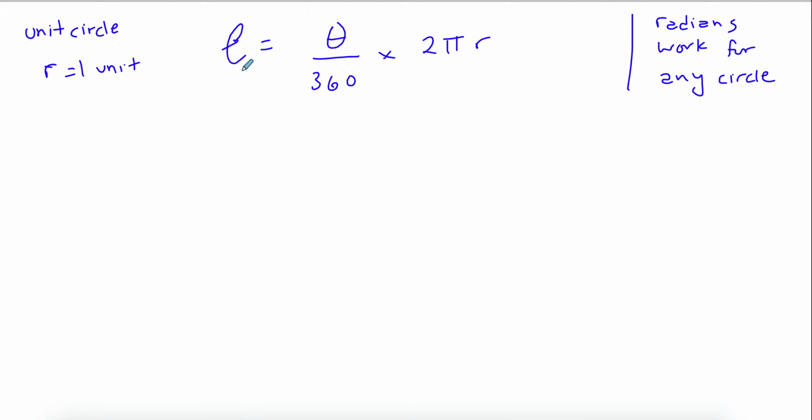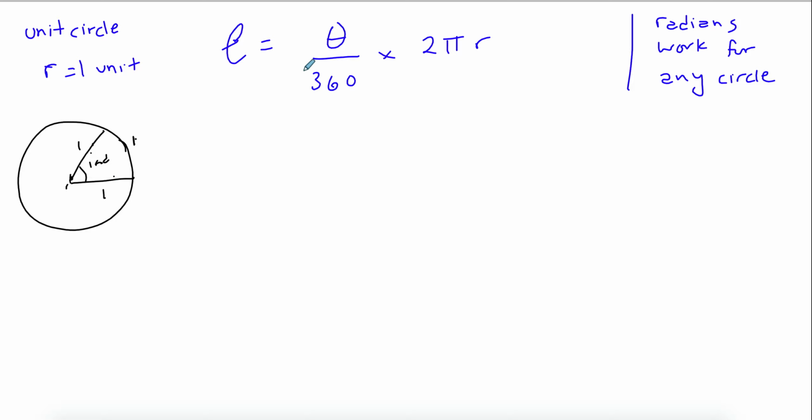Now using the formula for the length of an arc, let's assume we have the circle with the radius of 1, and if I'm on 1 radian, then this length has to be 1. By definition, this arc is equal to the radius, and we're in a unit circle, so it has to be equal to 1.